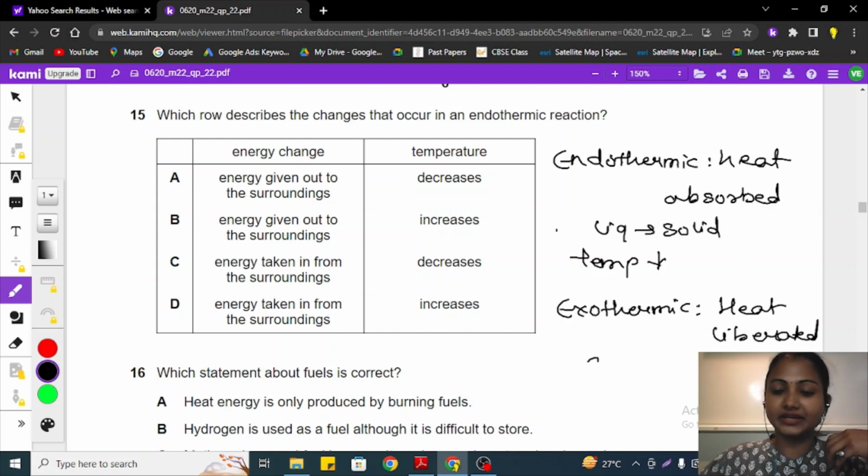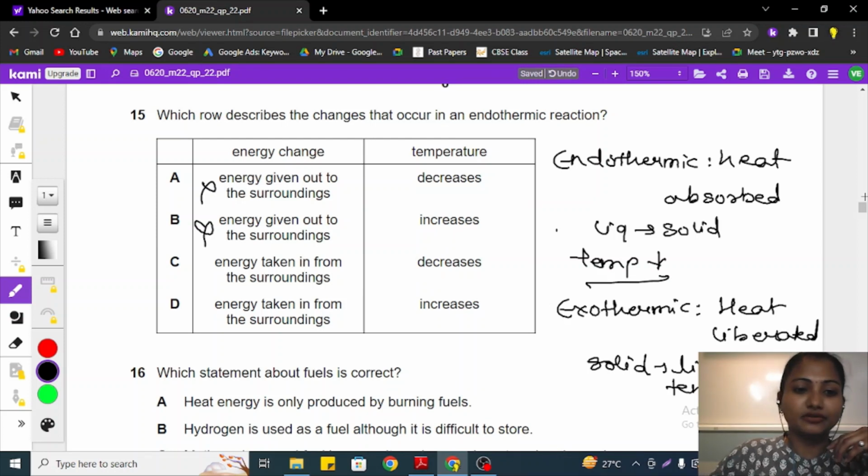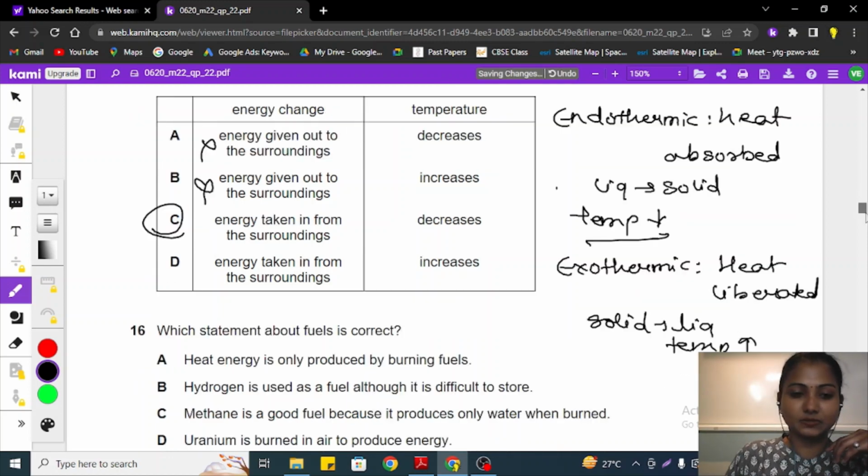So here we can take the example of melting of ice, solid to liquid. Which row states heat energy given out? No. Energy taken in? Yes, it can be. Energy is taken in. The temperature decreases. And here we have the option C, the temperature decreases when an endothermic reaction takes place.